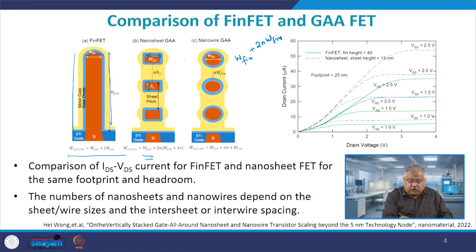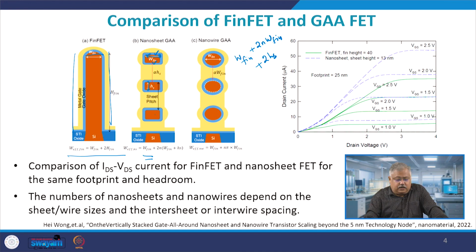Why 2 n W fin? Because suppose there are n sheets available, one fin here, another fin here, so I get 2 n. So I get 2 times W fin for each case, and I get 2 times Hs for each of the nanosheets. As a result, you will get 2 n times Hs.